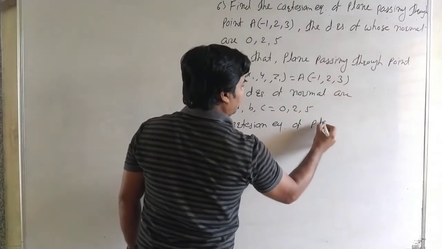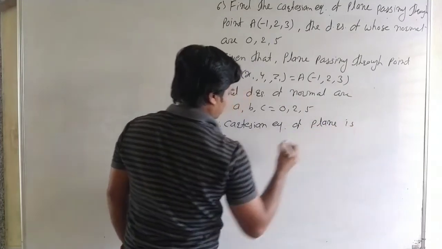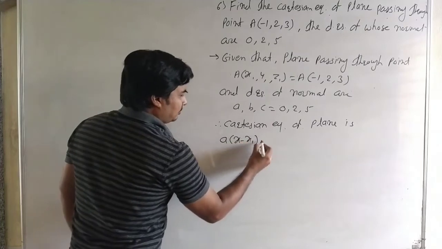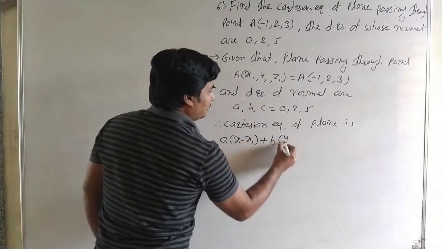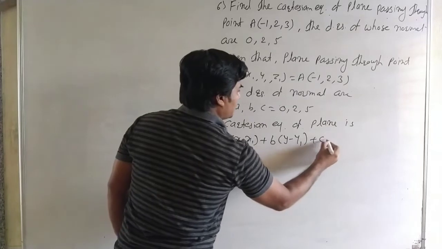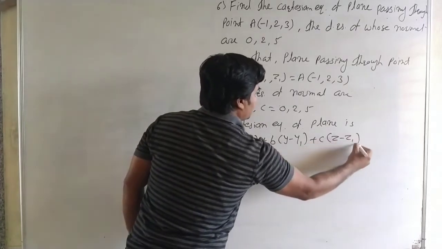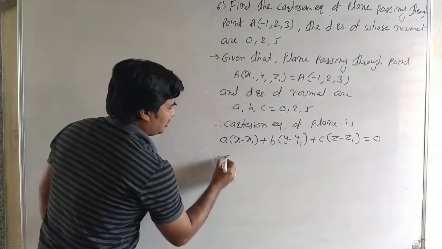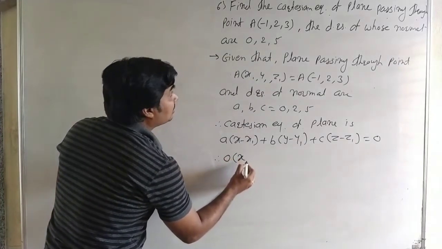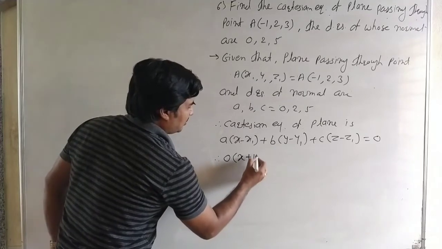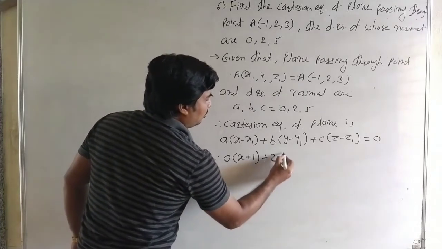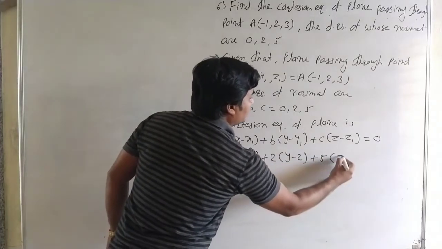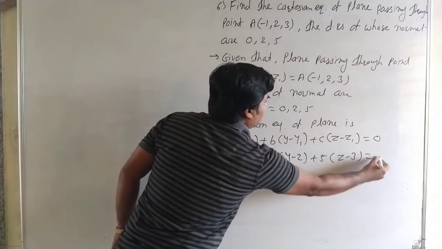of plane is, okay, see carefully, a into x minus x1 plus b into y minus y1 plus c into z minus z1 is equal to 0. Okay, now calculate: a is 0, that is x minus 1, that is x plus 1, plus b, 2 into y minus 2 and plus c, 5 into z minus 3 is equal to 0.